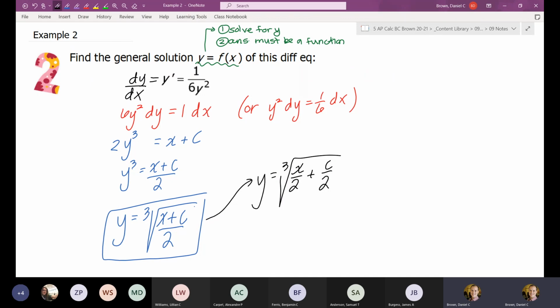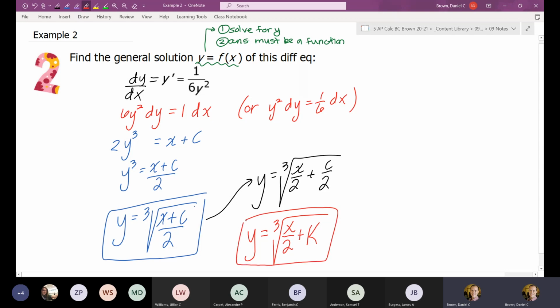So this one could also be written as the cube root of x over 2 plus, I already used c, so I'm not going to use it again, but I might say c divided by 2 is, I don't know, I'll pick another letter of the alphabet. K is a common one we see on the AP exam. This answer is equivalent to that answer. Why is it equivalent? Because we never solved for c, so it didn't really matter what it represented.